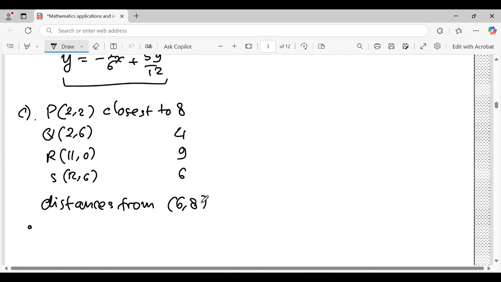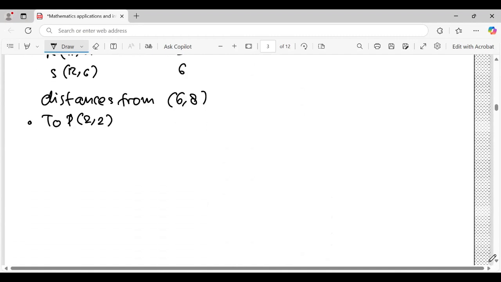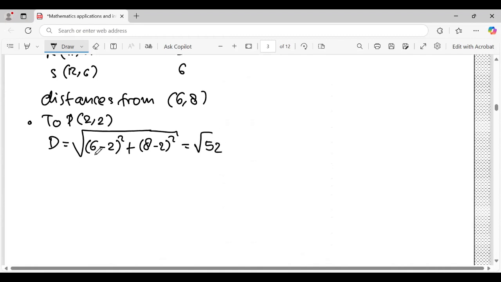First, from (6, 8) to P (2, 2). The distance is the square root of (6 minus 2) squared plus (8 minus 2) squared, which equals square root 52.